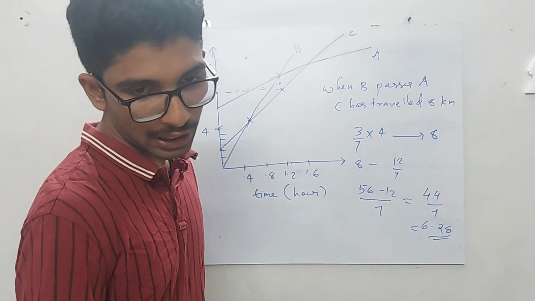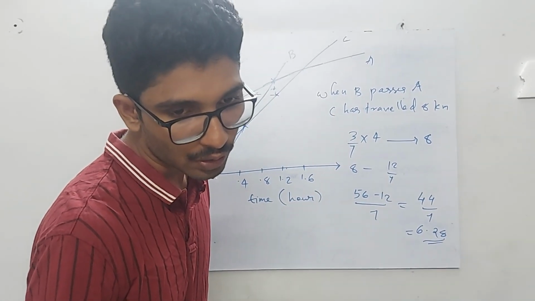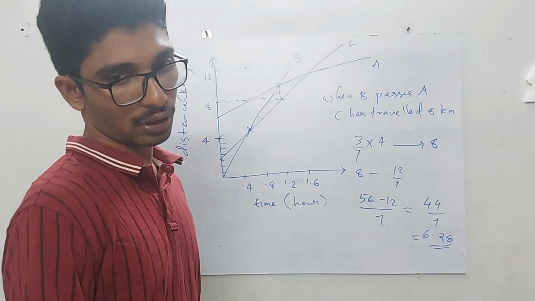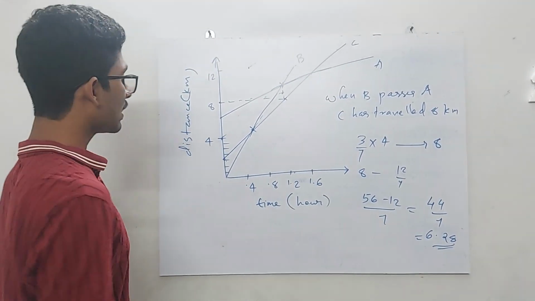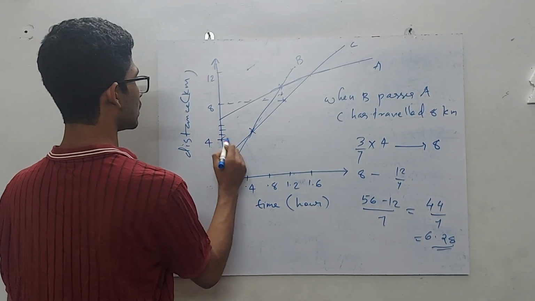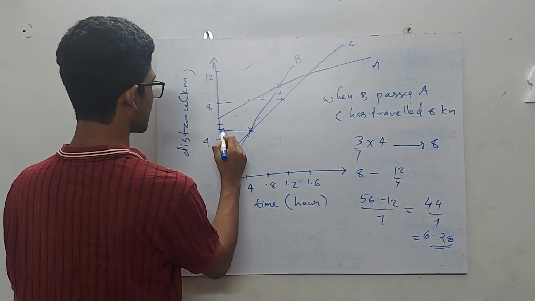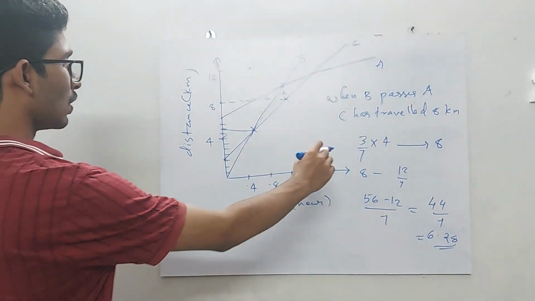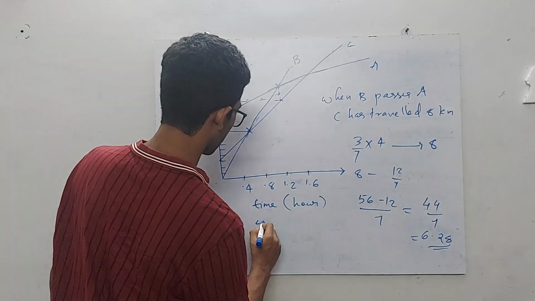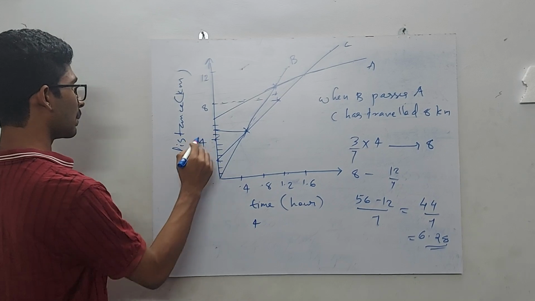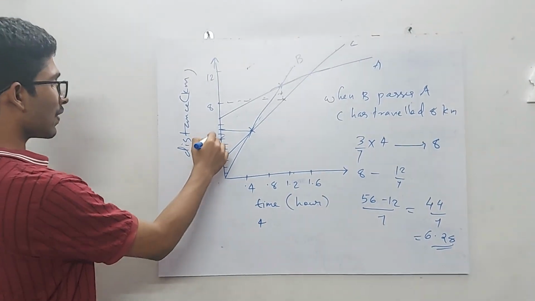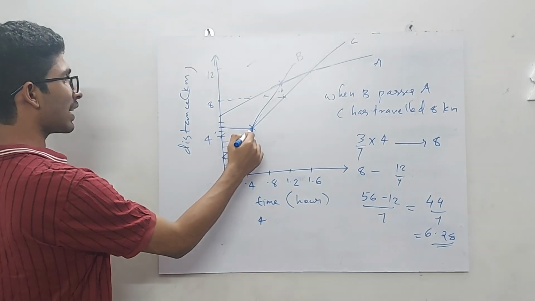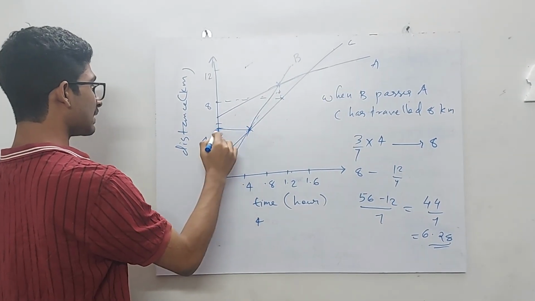So that's actually at around 3 lines after 4, on the third line. Okay, so this is like 3 units again. So that's like 4 into 3 by 7 plus 4, isn't it? Because this is 4 kilometers, and 4 kilometers are divided into 7 sections.